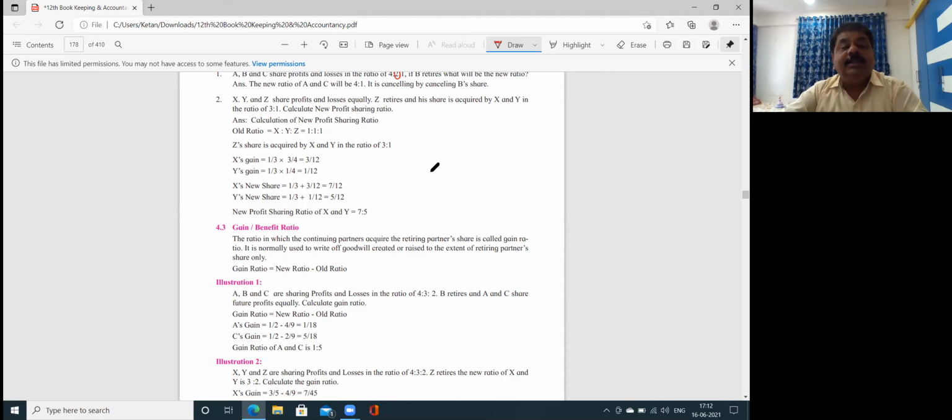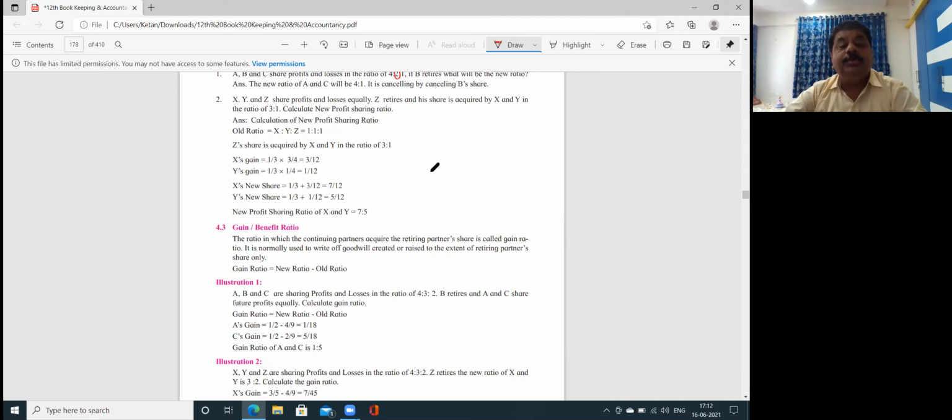Now Z is the retiring partner, and Z's share is acquired by X and Y in the ratio 3:1. So how much is X's gain? Gain means how much X gets from Z's share: 1/3 into 3/4, that is 3/12. And Y's gain is 1/3 into 1/4, that is 1/12.